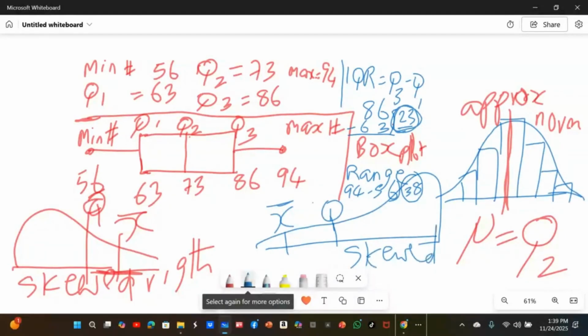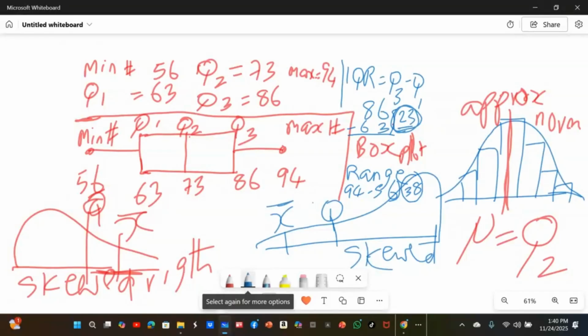In a skewed right distribution, the mean is greater than the median. In data that is approximately normal, the mean is equal to the median.